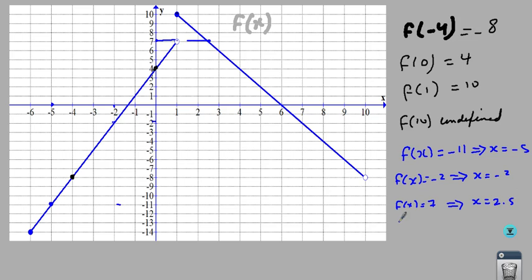What about f of x equals 4? Obviously we have a 0, but then we have another value here. So f of x equals 4 implies that we have two solutions, x equals 0 or x equals 4.